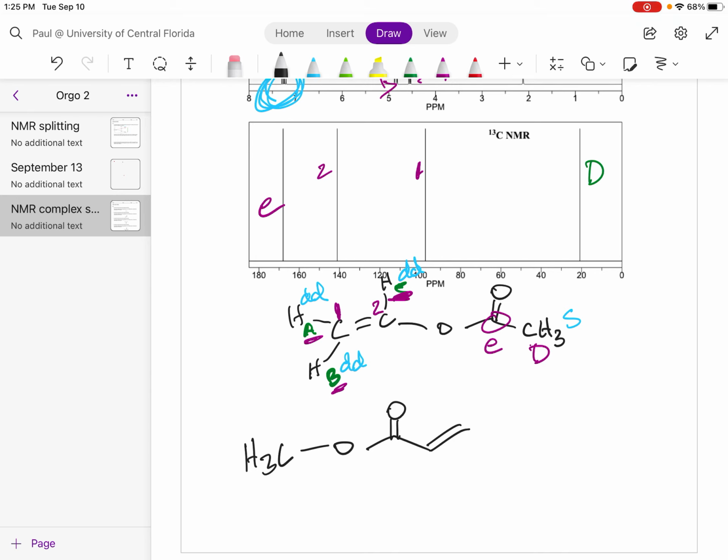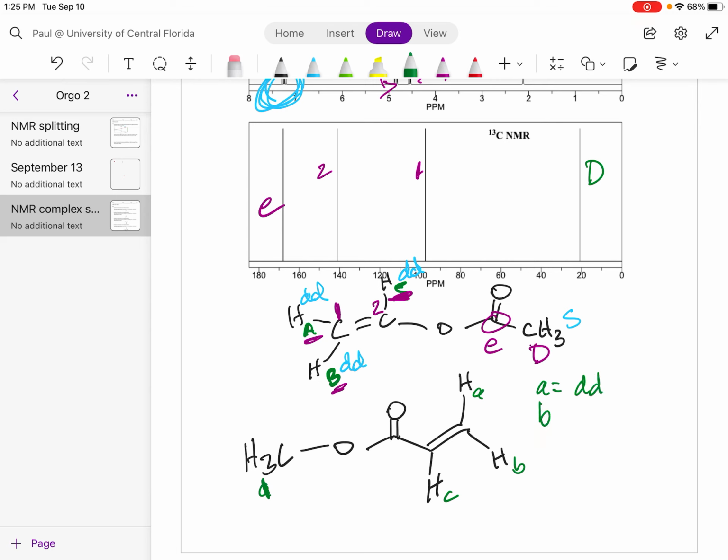And they're like, hey, if I look at that hypothetical structure, what would I predict the splitting patterns to be? We'll call that A, B, C, and D. What would the predicted splitting pattern be for A?